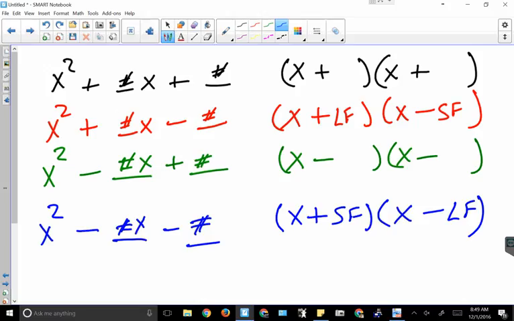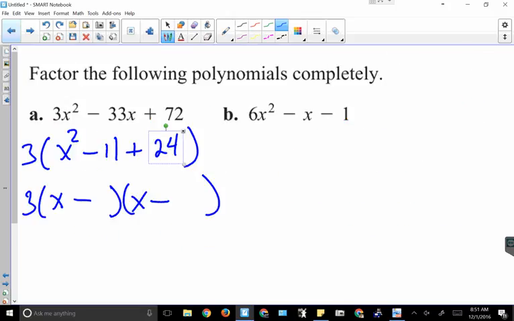So I'll give you a little bit of time to get that written down. Okay. So now, I'm going to go back here. I said we had to take a look at the factors. What we're going to do is look at the factors of 24 here.